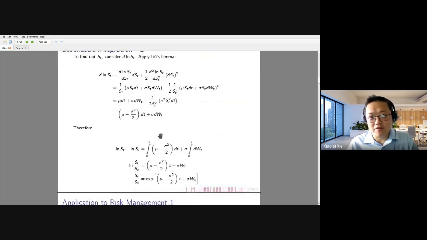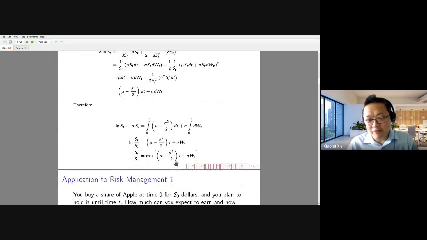Then we can solve this equation directly because no St appears on the right side, so we can express the logarithmic price in this form. So what we can see here is that the price on average will be growing exponentially, but there will be noise or uncertainty in the price movement, and that is described by the Brownian motion here.